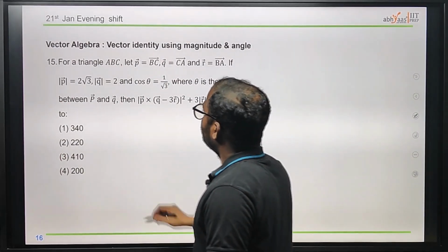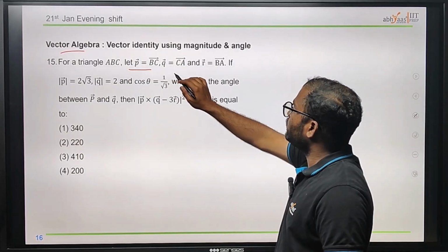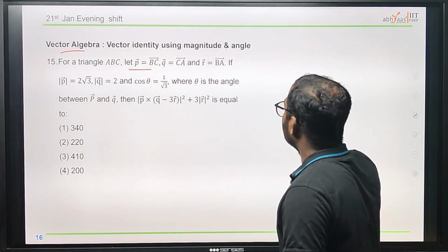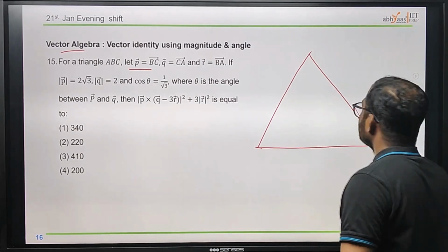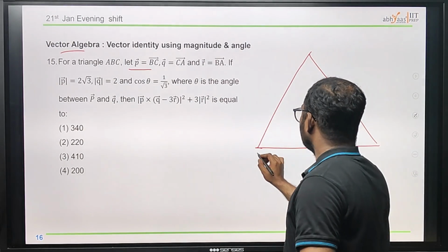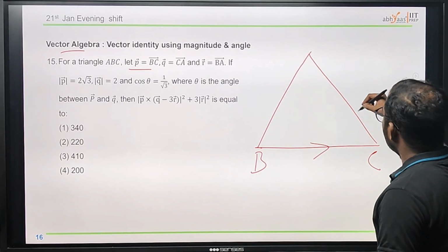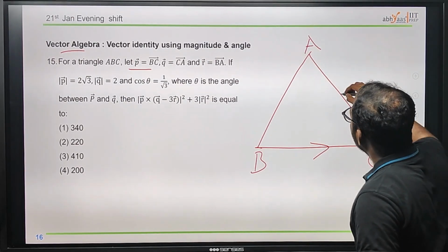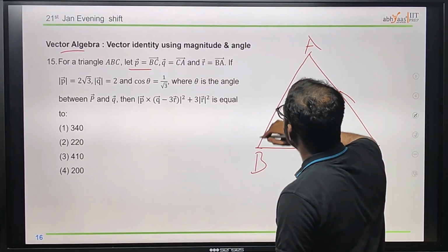On the basis of vector algebra, they have given a triangle with vectors P, Q and R. They have given one triangle, which is BC, with the directions P bar; Q bar is CA bar, and R bar is BA bar.